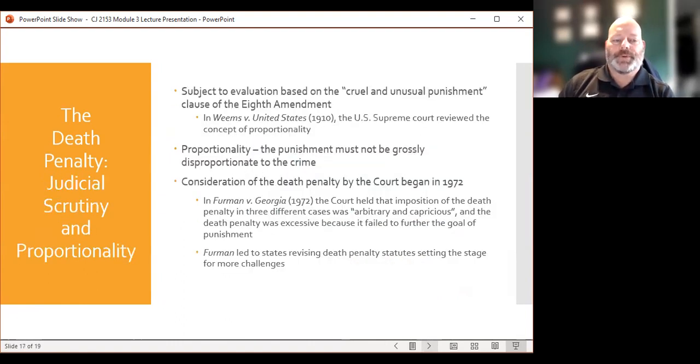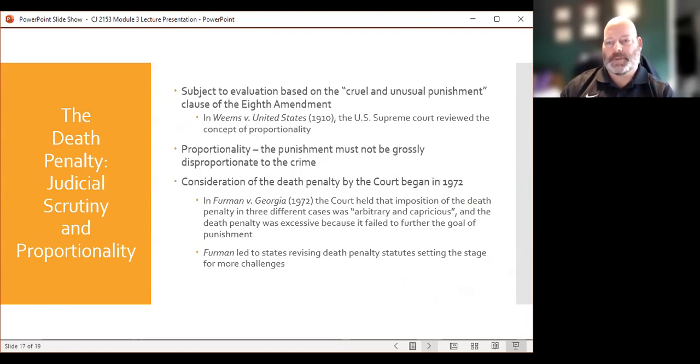In terms of judicial scrutiny and proportionality, the death penalty is subject to evaluation based upon the cruel and unusual punishment clause of the Eighth Amendment. In 1910, the U.S. Supreme Court reviewed the case Weems versus the United States, on the concept of proportionality.